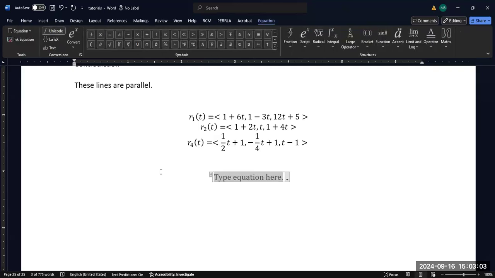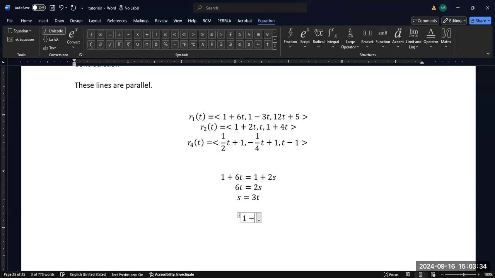Again, we would start with our 1 plus 6t, and we would set that equal to, in R2, 1 plus 2s. The ones are going to cancel. 6t is equal to 2s. And so therefore, s is equal to 3t.